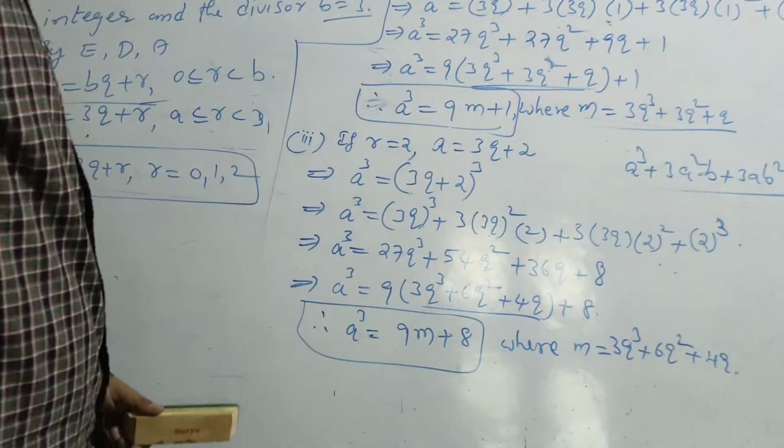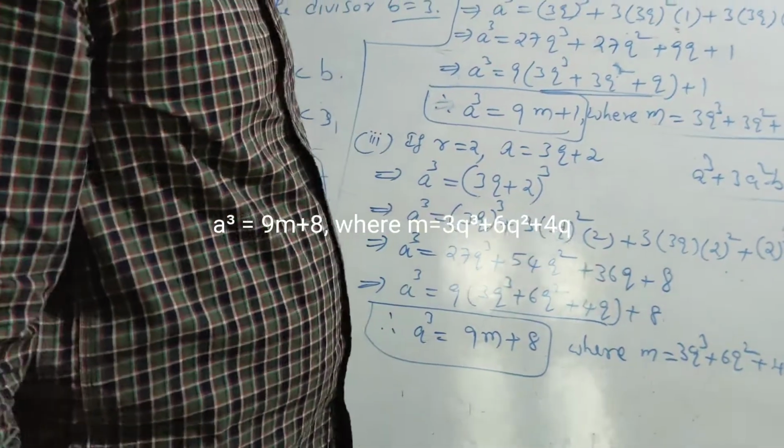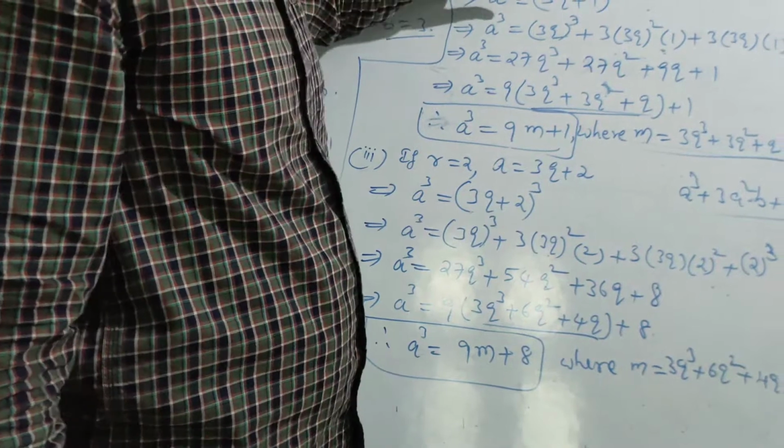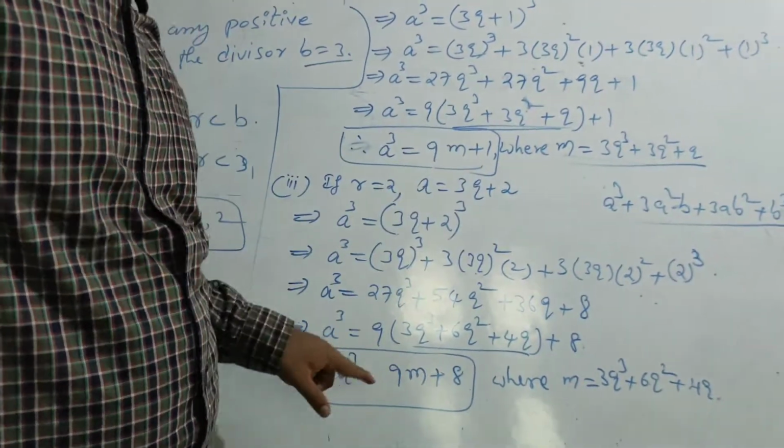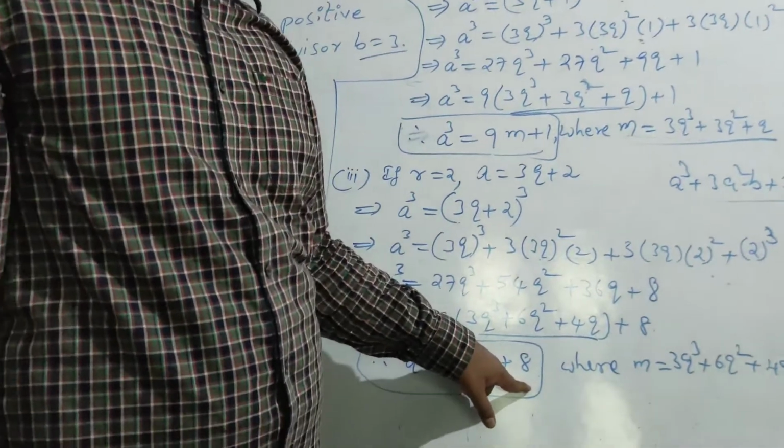So in all the three cases, in the first case we got 9m form. In the second case we got 9m plus 1 form. In the third case we got 9m plus 8 form.